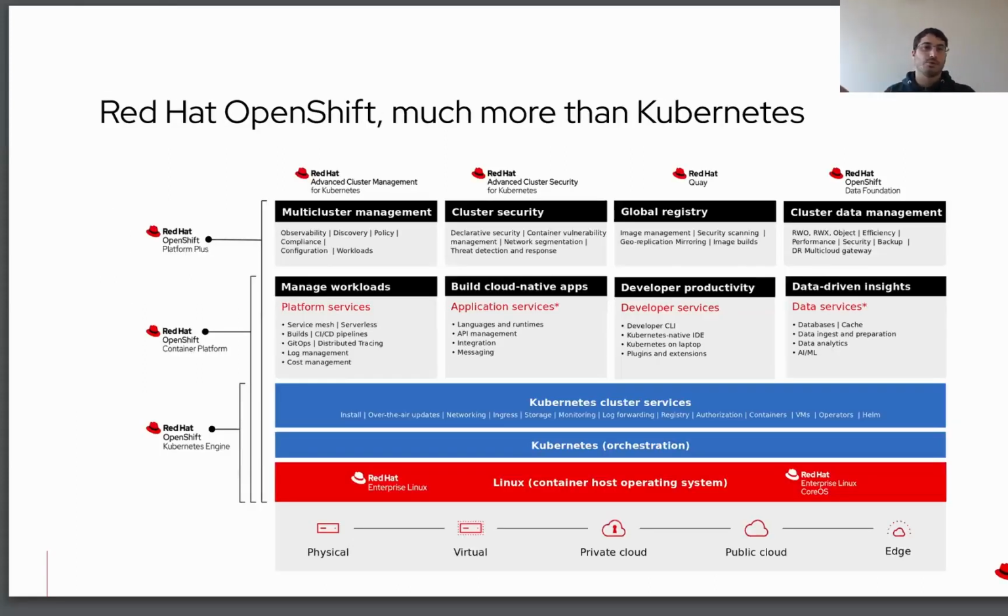So OpenShift is actually more than this, because we also have a lot of products around multi-cluster management, cluster security, or registries and other things that help to create a full architecture. But I would say those are outside the scope of the current conversation.